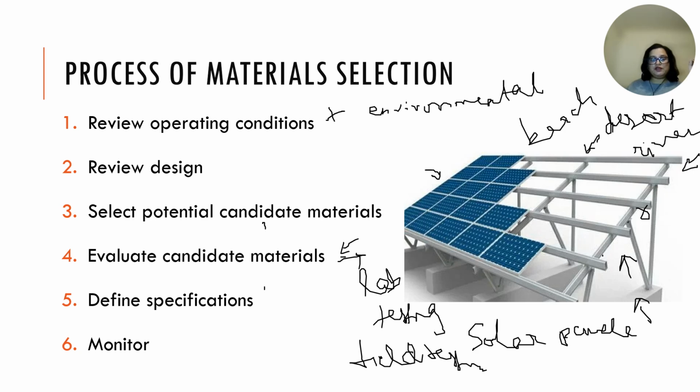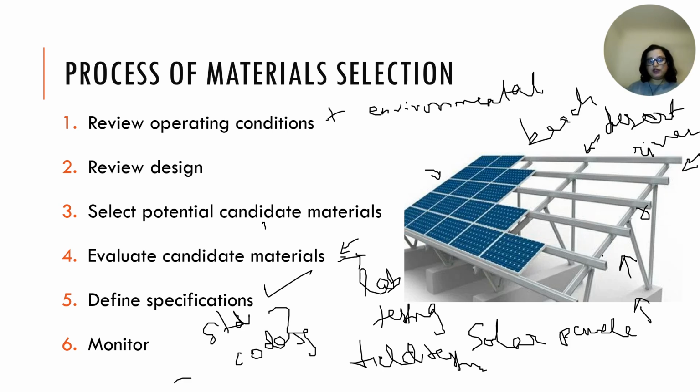The fifth point is defining the specifications. Now, this depends on whether it is an established application or a new application. So, if it is an established application, you will already have standards and codes that you need to follow. If your application requires some modification, you may use these as guidance and change the specifications to suit your application.